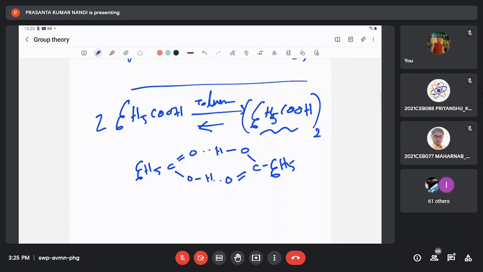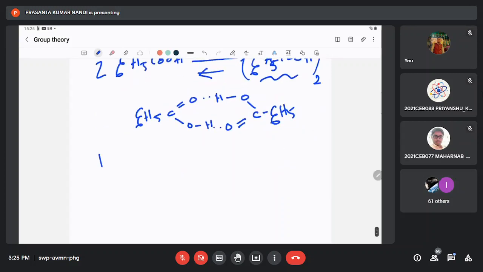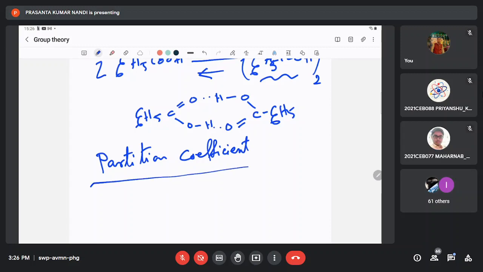Now, what is the definition of partition coefficient?